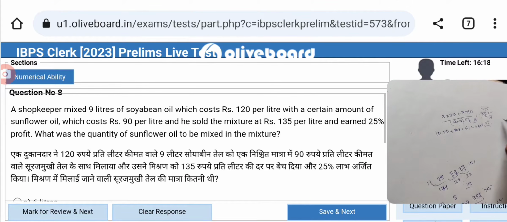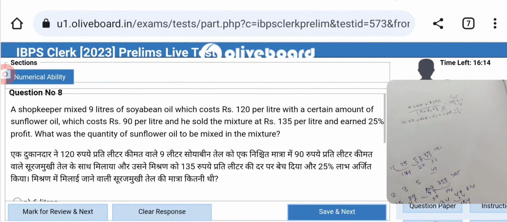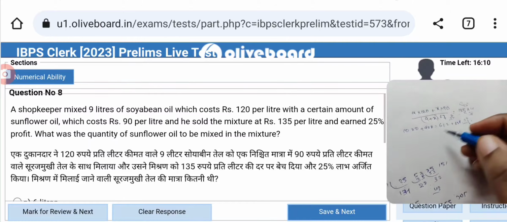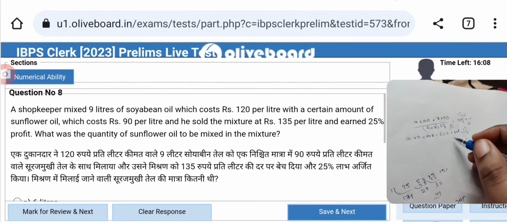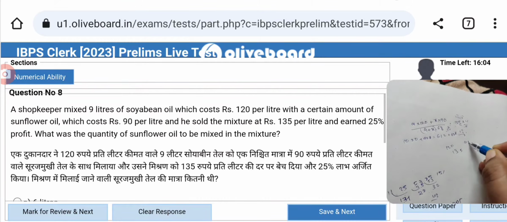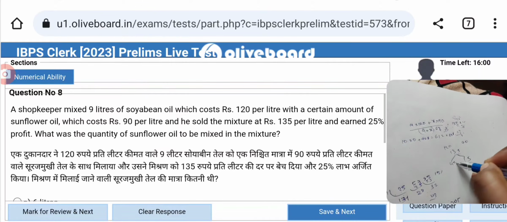Sold and earned 25% profit. So 25% profit. What is the quantity of sunflower oil? So 120, 135, 90. So 50 and 45. 3:1.